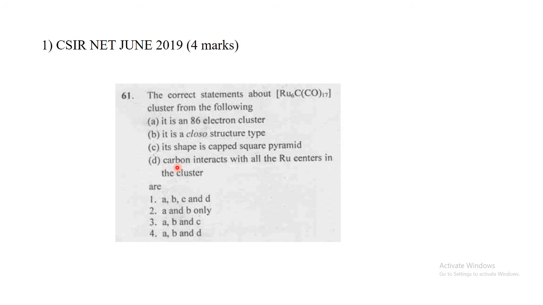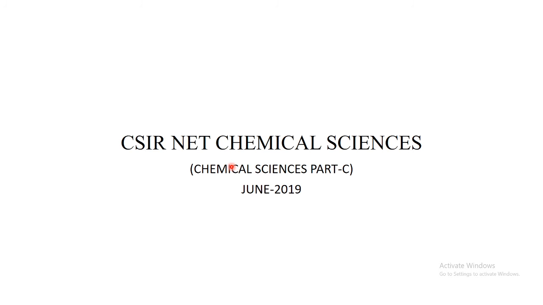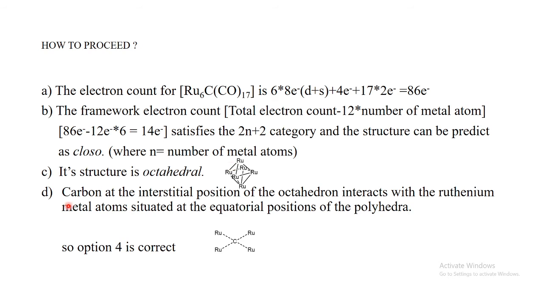So the fourth statement is, the carbon interacts with all the ruthenium centers in the cluster. The carbon is situated in the middle of the octahedron. So the carbon is at the interstitial position of the octahedron, that is, it occupies the center of the octahedron, and as a result it interacts with the ruthenium metal atoms situated at the equatorial position.